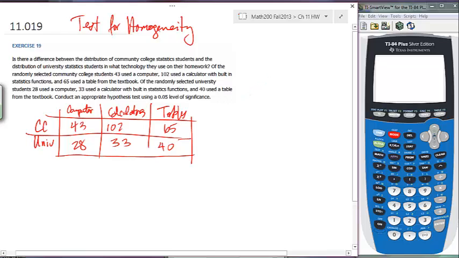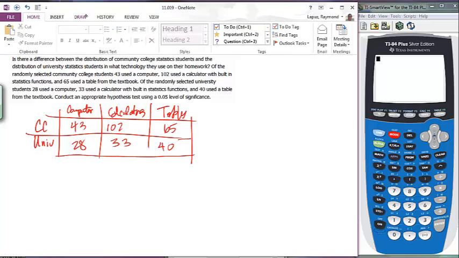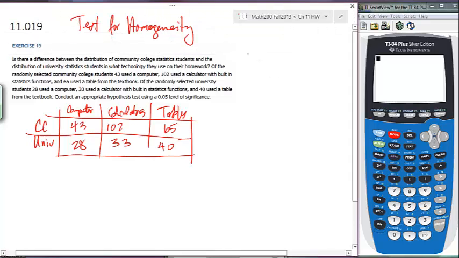So when we run the test, we're going to look for the null hypothesis and the alternative hypothesis. For the null hypothesis, we can say that the proportions for each population are the same or similar.